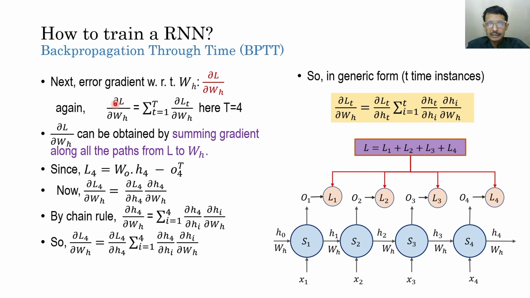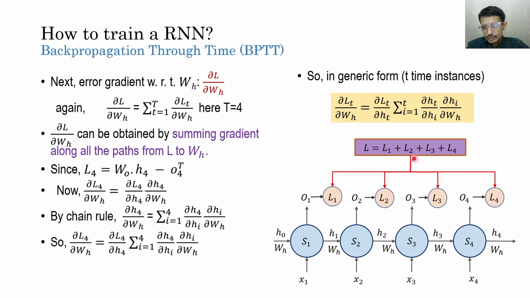So we can find del L by del Wh as the sum over t equal to 1 to T of del Lt by del Wh. Now we have to find this del Lt by del Wh. This del L by del Wh can be obtained by summing gradients along the paths from L to Wh.